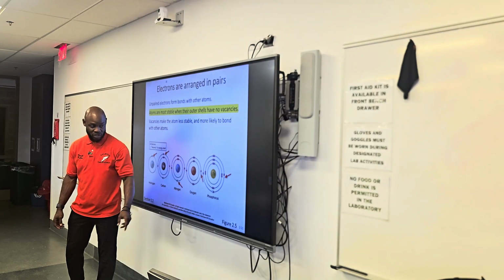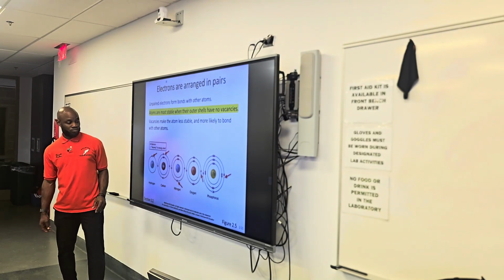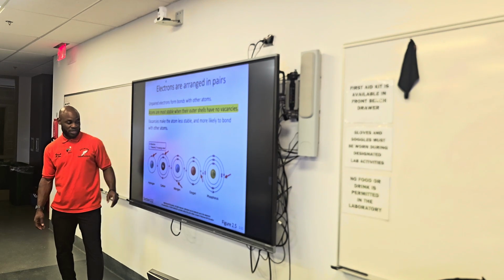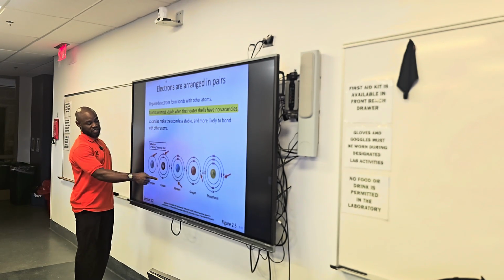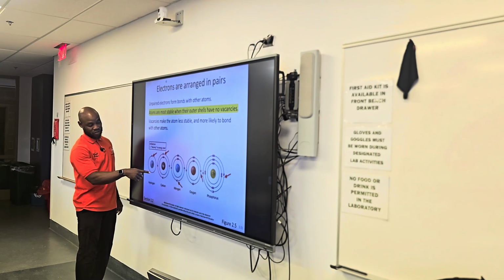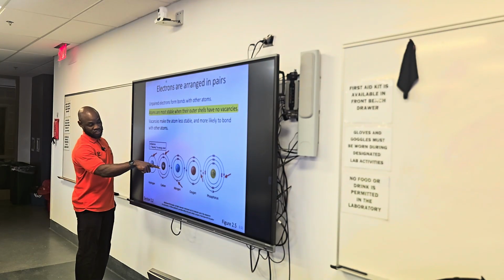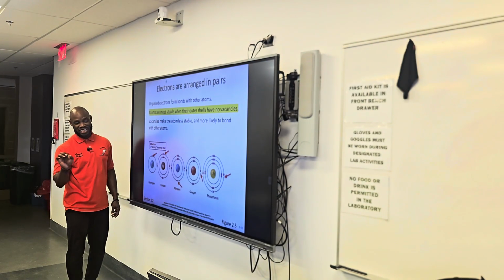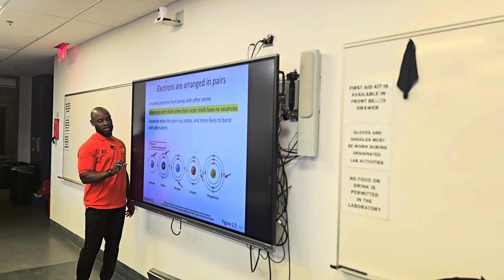As you see, the first shell for each of these contains two electrons. Hydrogen only has 1 electron, so it has a vacancy of 1. The other ones in their first shell contain 2. That's the way they want to be.